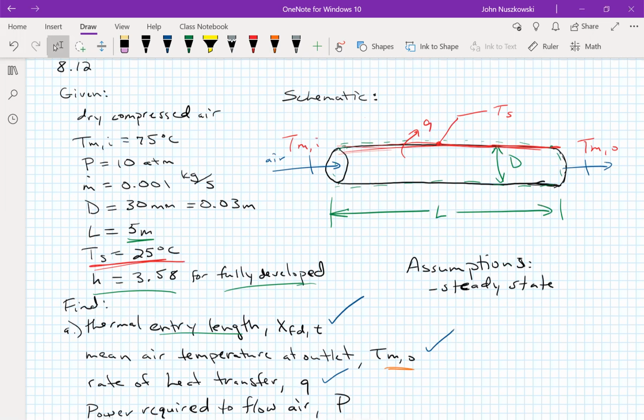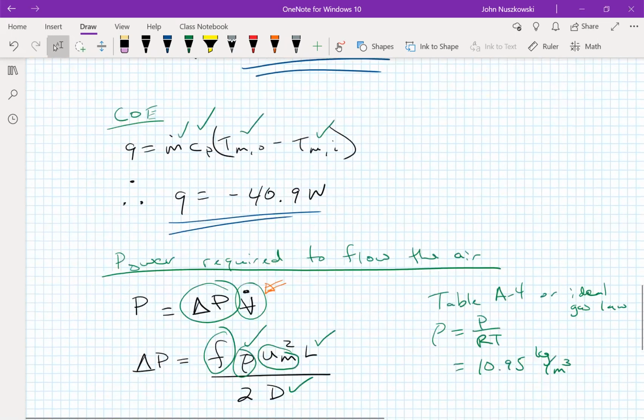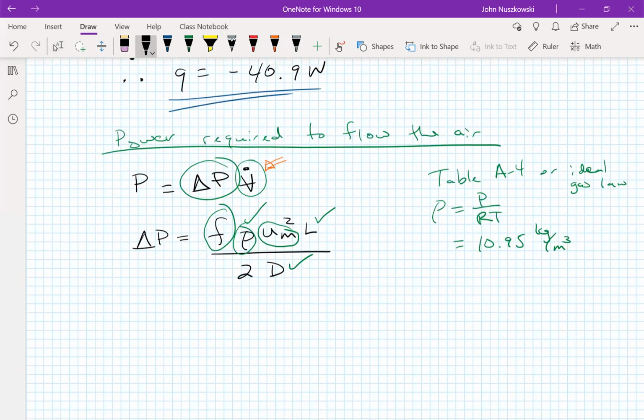Yeah, so we have mass flow rate, right? Density times volumetric flow rate. So we have volumetric flow rate is mass flow rate divided by density. So we have density, we have mass flow rate. So now we have volumetric flow rate, okay?